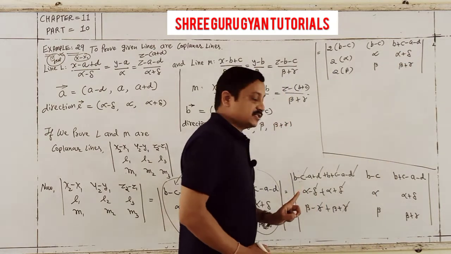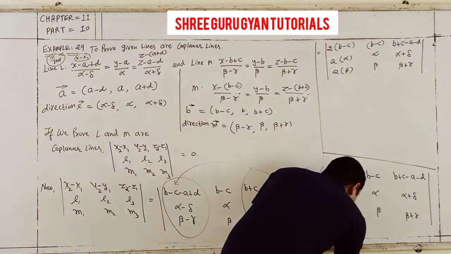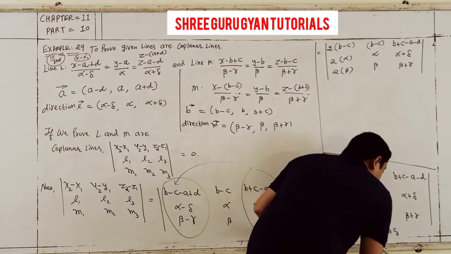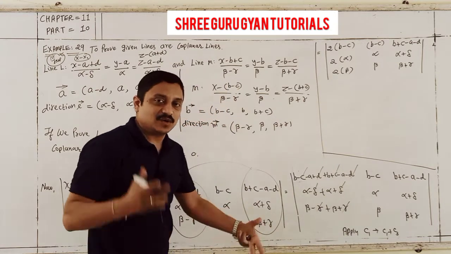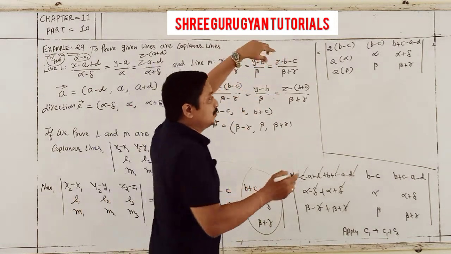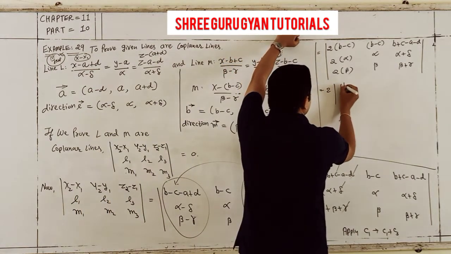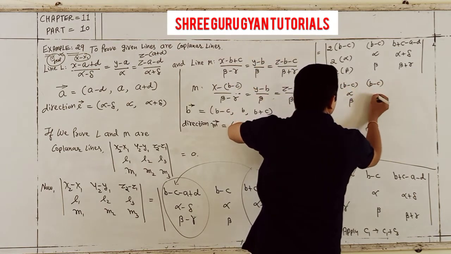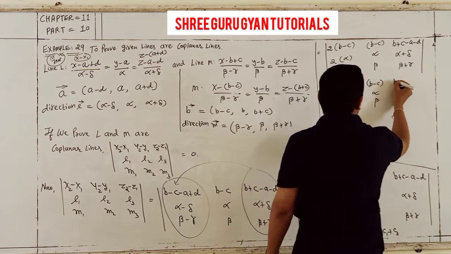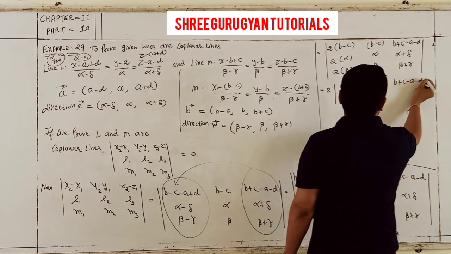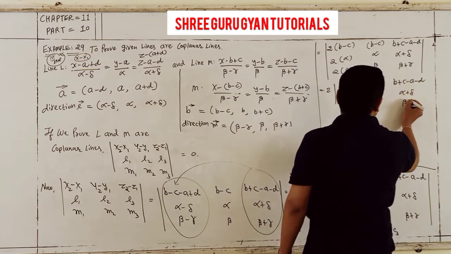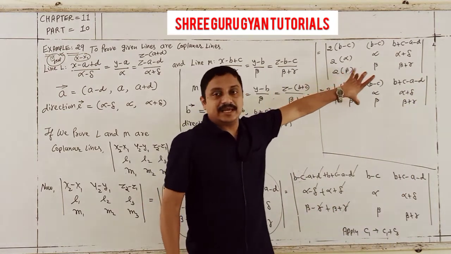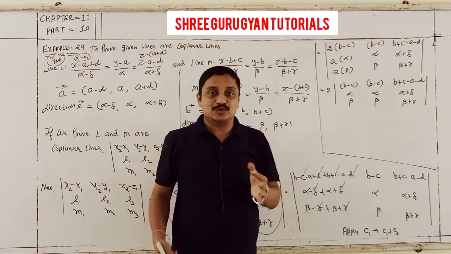Now I just mention the condition applied: C1 changed to C1 plus C3, first column and third column addition. Now take 2 common successfully: B minus C, alpha, beta, B minus C, alpha, beta, and the same. Now students, you will check that column number one and two are the same, so the value is 0.